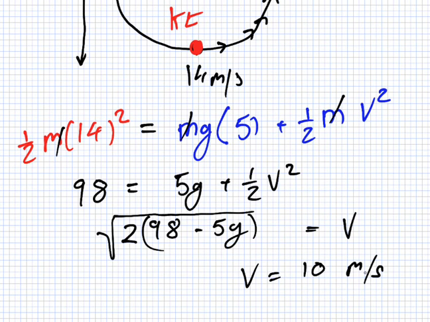I'm not sure how to get the second. Show me what you typed. Oh, here. I can ignore the G. No, you can't. Definitely not. 2 bracket 98 minus 5g. Remember, g is 9.8. Okay, let's see. What was it? 9.9. Fine. Thank you.